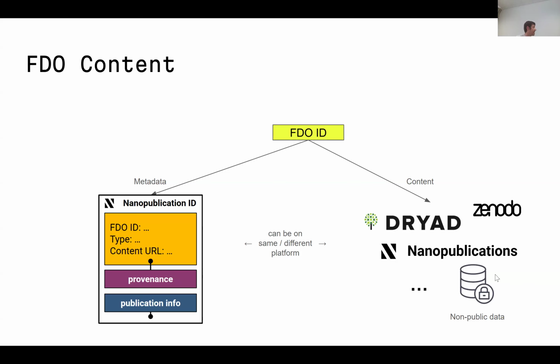It can also be non-public data that for reasons of privacy or copyright or whatever cannot be made public. And in that case, this whole FTO approach and covering metadata is even more beneficial, because then you can actually find out about the thing. You can have some metadata and you have a thing to point to and to find out about, whereas the actual content is not available at all.